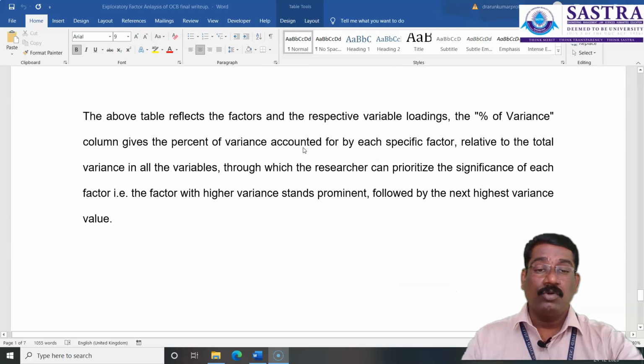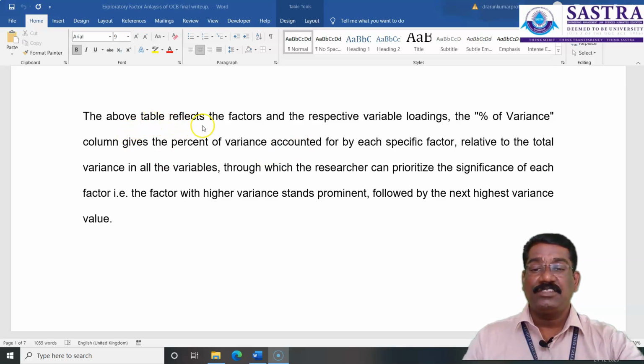And we conclude the above tables by writing this statement. I can read this out. The above table reflects the factors and the respective variable loadings. The percentage of variance column gives the percentage of variance accounted for by each specific factor relative to the total variance in all the variables, through which the researcher can prioritize the significance of each factor.